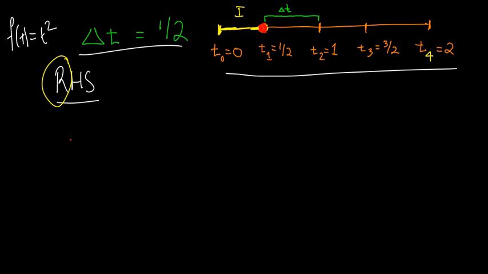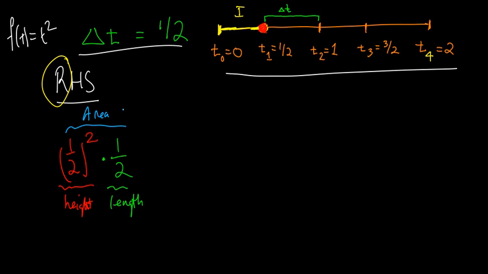So we're going to plug 1 half into our function, t squared, so 1 half squared, and then we're going to multiply that by the length, which is 1 half. So again, how does this go? This is the height of the rectangle, 1 half is the length, and so when you multiply that, you simply get the area over region 1 of a rectangle.